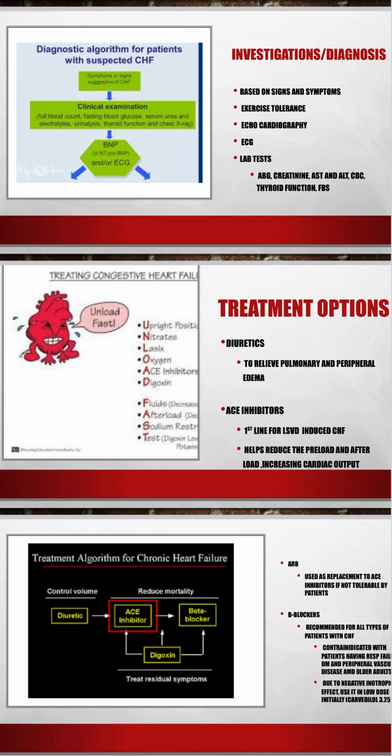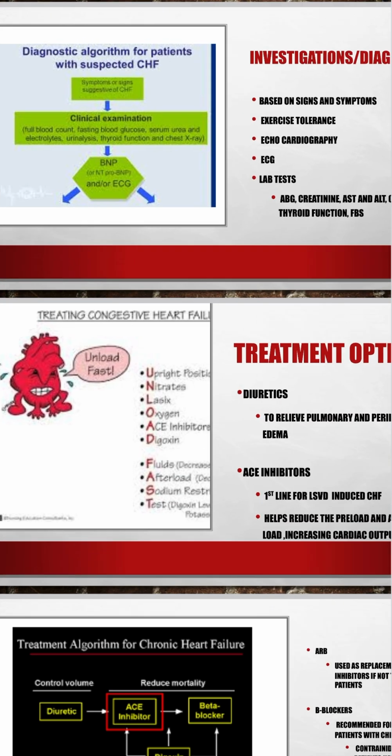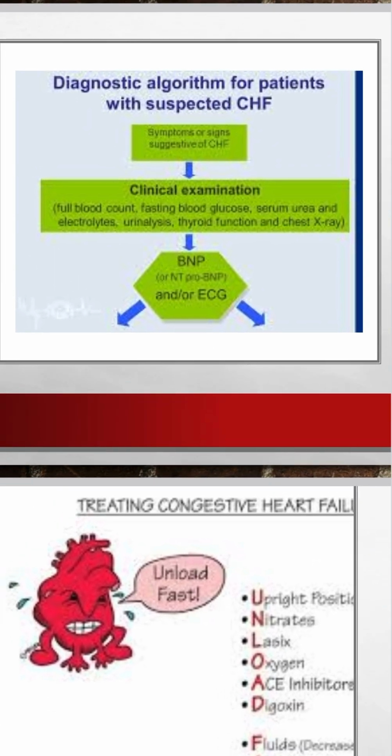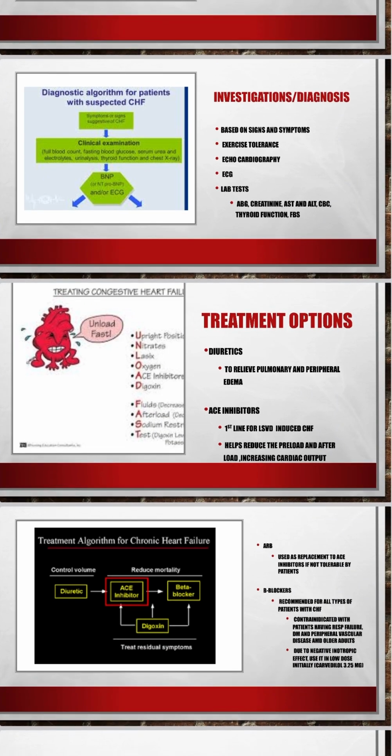This is supported by different lab tests like arterial blood gases, creatinine to determine the state of kidney health, and the liver enzyme function tests like AST and ALT. In general, we also check for the CBC, thyroid function, and the fasting blood sugar. Once all these things are confirmed based on the algorithm as defined in this illustration, we'll now be proposing treatment.